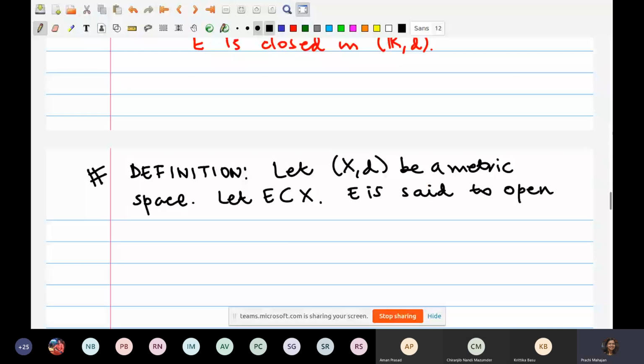Then E is said to be open in X. When do we say a subset is open in a metric space?